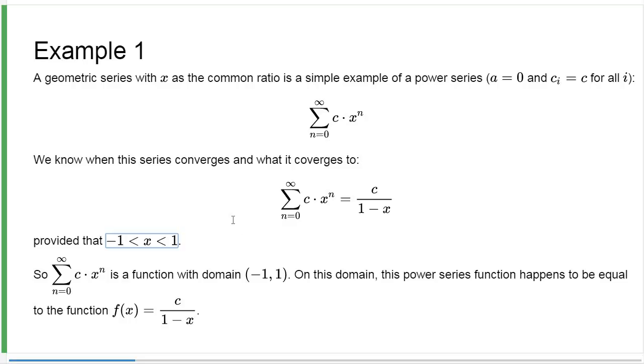Otherwise, that series diverges. So in other words, this series here is a function. Its domain is -1 to 1, and on that domain, this series happens to be the same as this function c over 1 minus x.